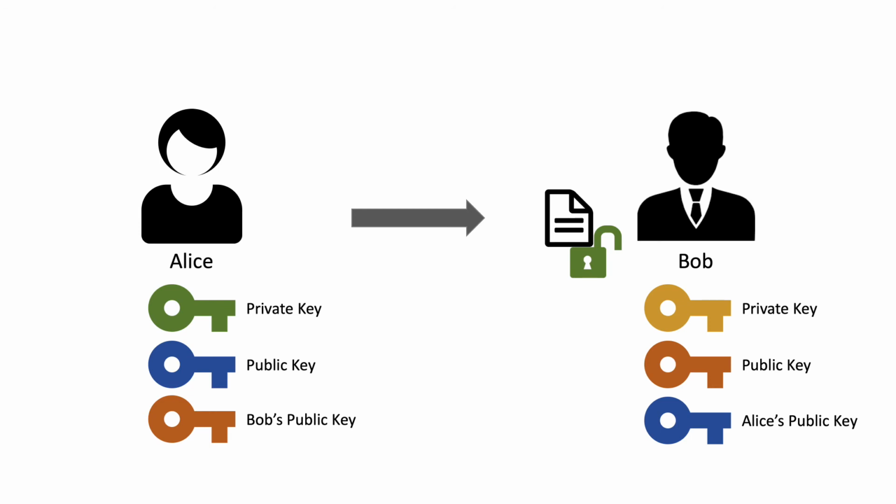Now, an additional layer to this might be if Alice first encrypts her message with her private key to prove to anybody else that receives it that it came from her, and then in addition to that, encrypts it with Bob's public key.